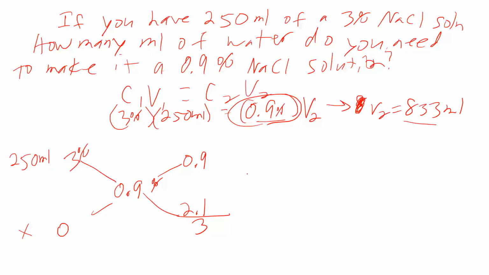Okay, now, if we know that we have 250 mils, we know that quantity, but we don't know how much is down here, how much water. How many mils of water? We have no idea.